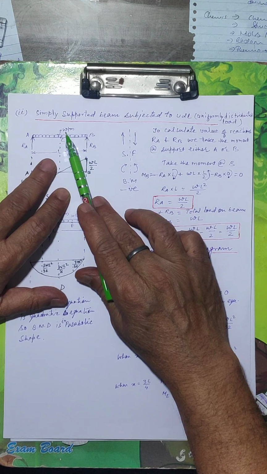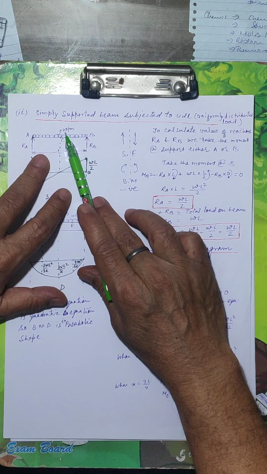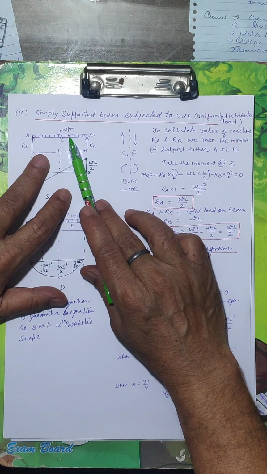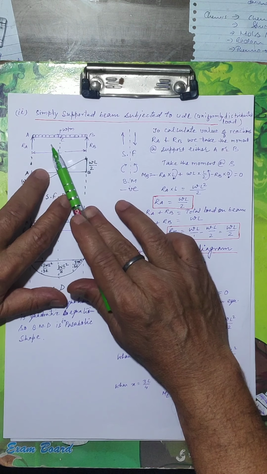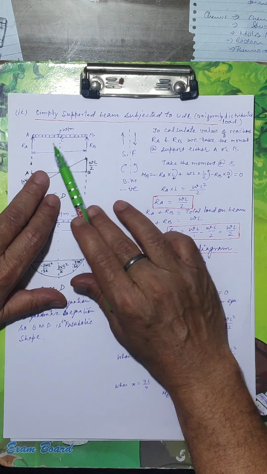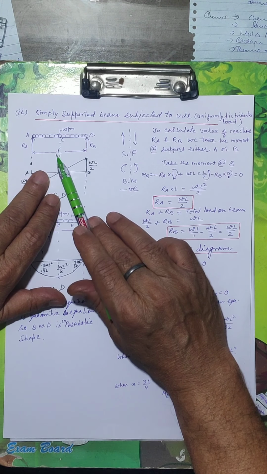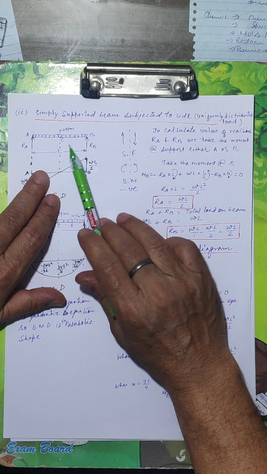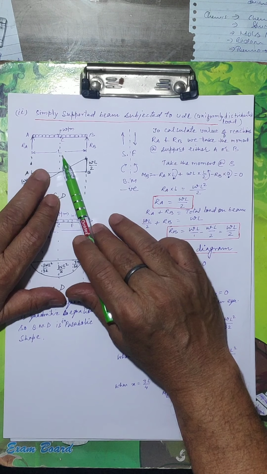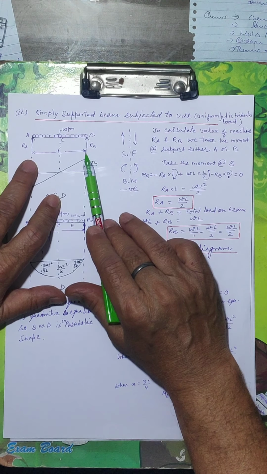W, this is the load per unit length, so the total load will be calculated with the help of total length. How?